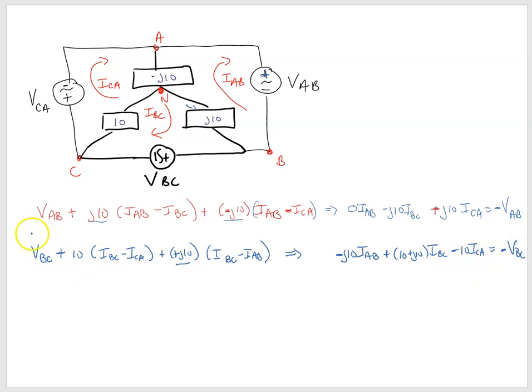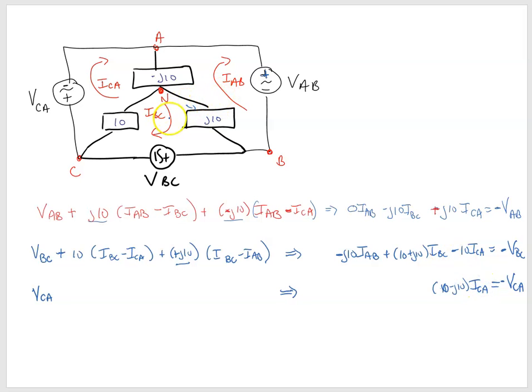And then for our ICA mesh, again, we'll get VCA. We'll try to write this concisely all at once. You can go through that method, but it's all going to be equal to negative VCA, and then we have ICA flowing through 10 minus J10 in the positive direction. So we're going to get 10 minus J10 ICA.